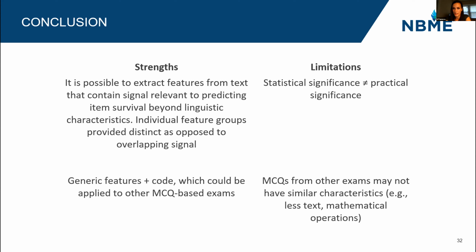So for future studies, it makes sense to pursue these different directions rather than just focusing on one. Of course, we must acknowledge that statistical significance does not mean practical significance, so we are a very long way from claiming we can predict item survival.